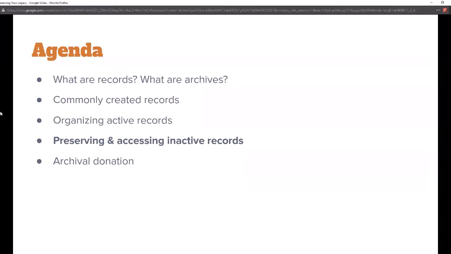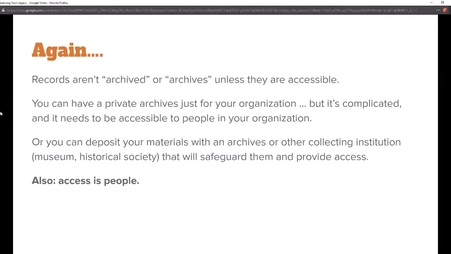Okay, so you've got a bunch of inactive records. What do you do with them? Just to reiterate, records aren't archived unless they're accessible. Access is people. That's a really important part. You may have an organization that's large enough, like a bank, like Scotiabank, to hire someone who just works in the archives. That's great.